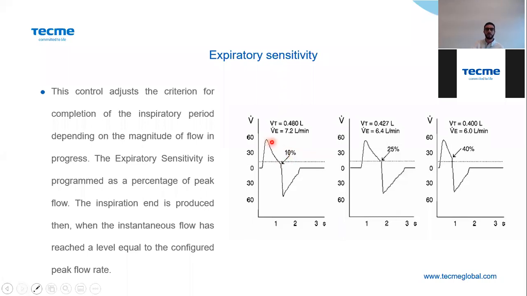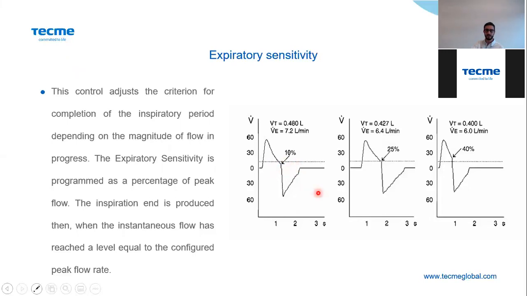When the flow falls to a certain percentage of the peak flow, we have the change from inspiratory to expiratory. So indirectly, when you set this expiratory sensitivity, you are setting the inspiratory time.